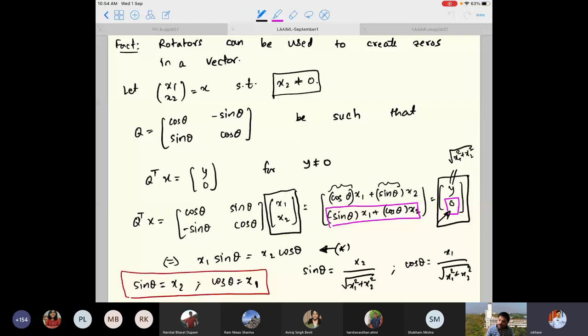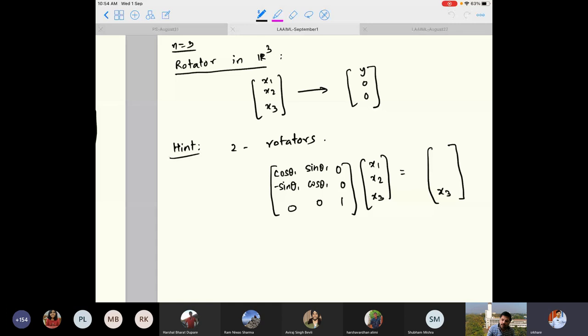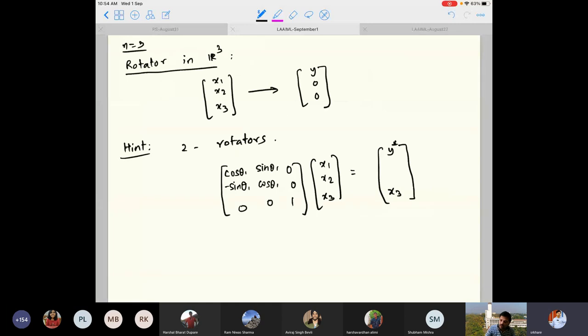And using the similar calculation, introduce a zero, like this zero that we introduced here. So what will you get? So let us write down, you'll get y star, 0. And I call this matrix Q1, right? So I'll get y star, 0, x3. And what is y star? Y star is actually square root of x1 square plus x2 square, plus or minus. It doesn't matter. So that's what this y star is. So this is what I'll get.